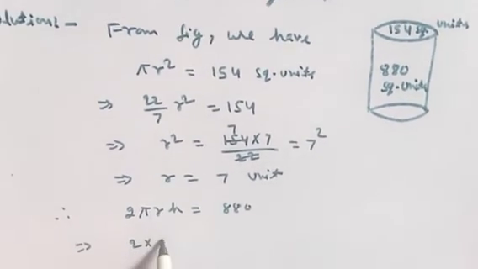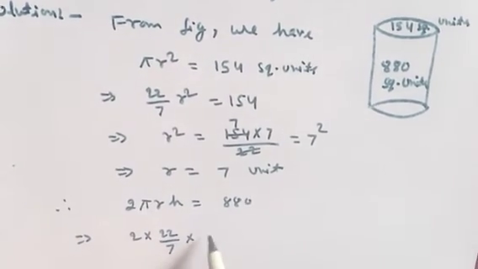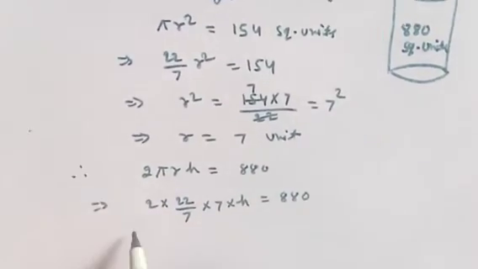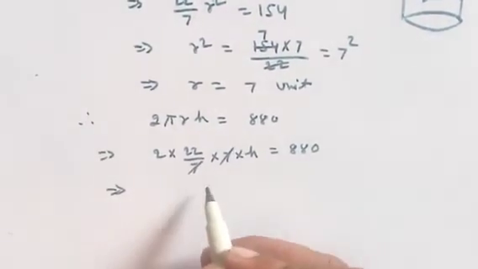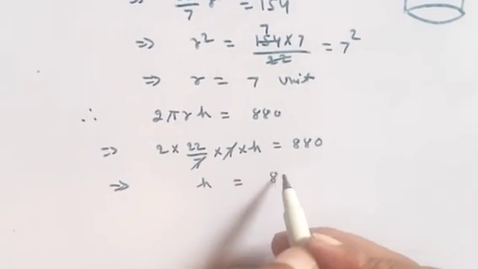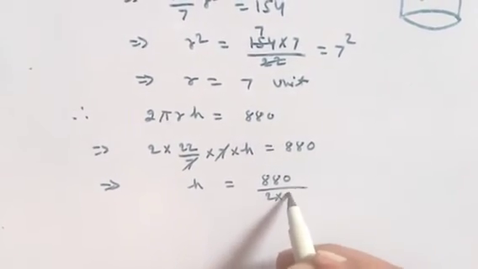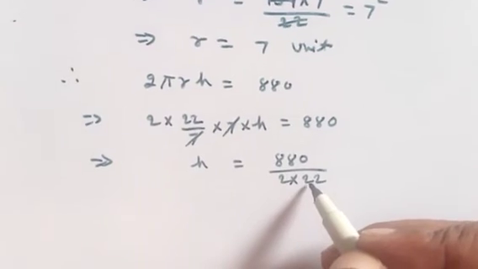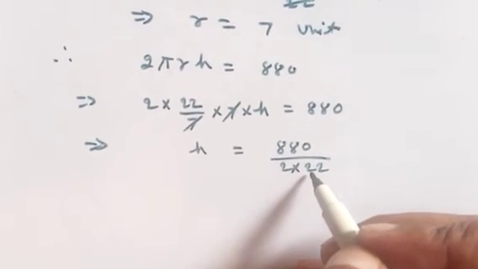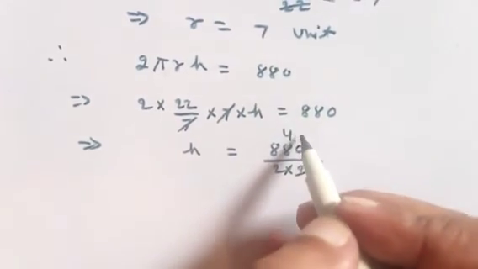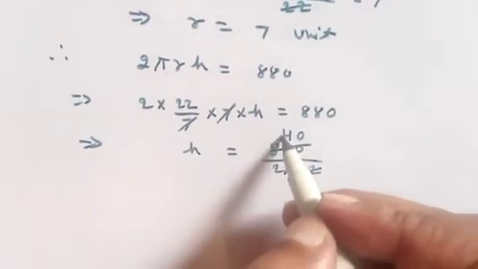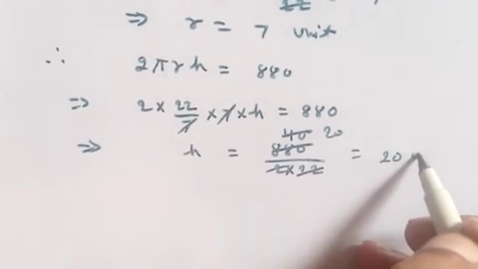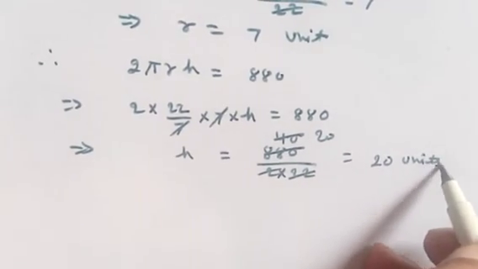So 2 into 22/7, r is 7 into h equal to 880. 7 to 7 cancel, so h is equal to 880 divided by 2 into 22. 880 is divisible by 22 40 times and 40 is divisible by 2 20 times, so equal to 20 units.